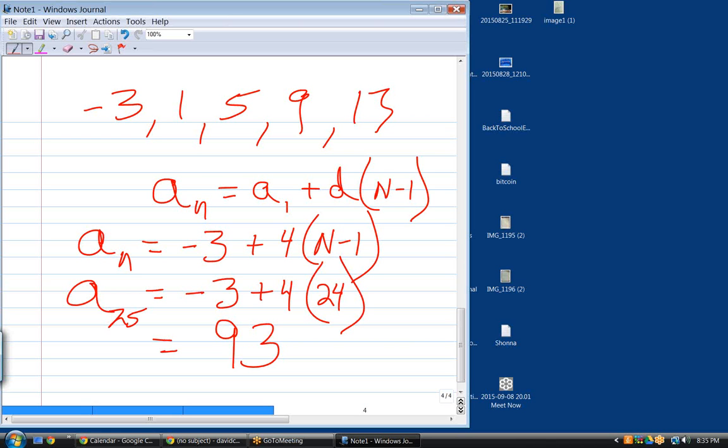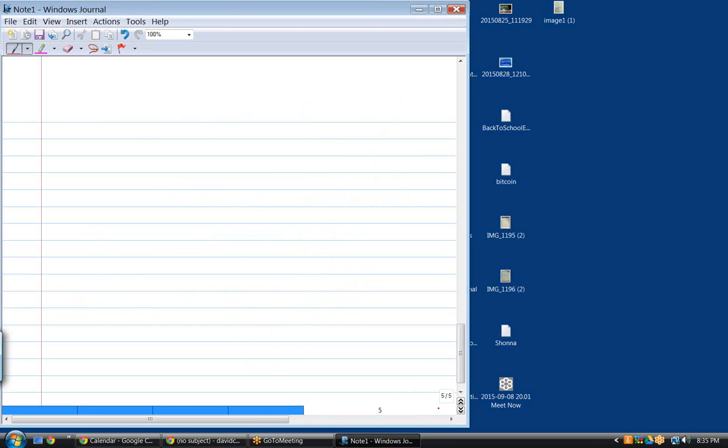The next problem is a sub 13 equals 20. The common difference is negative 2. What is the rule for the nth term? Good. D is what again? D is negative 2.